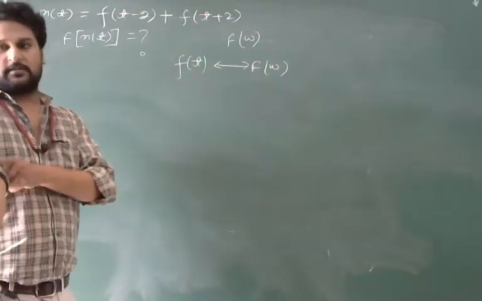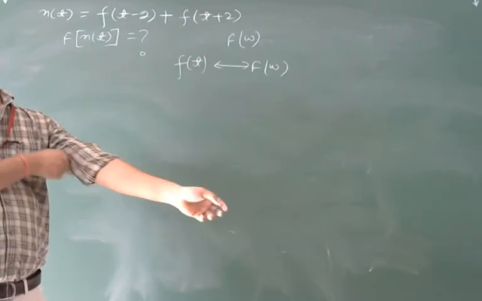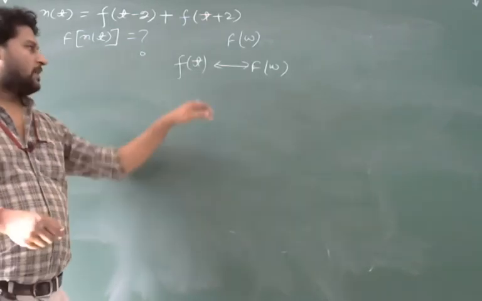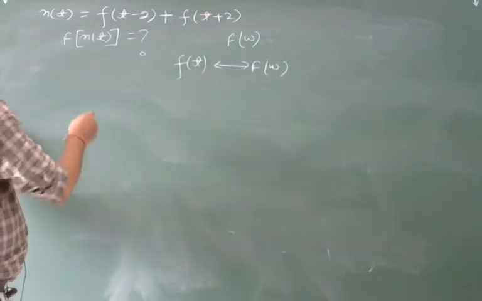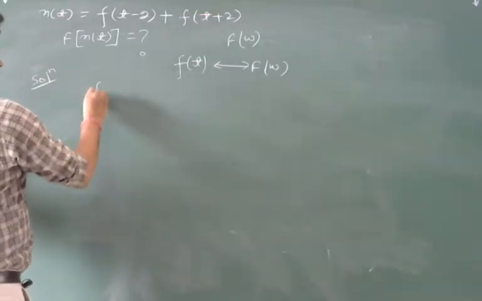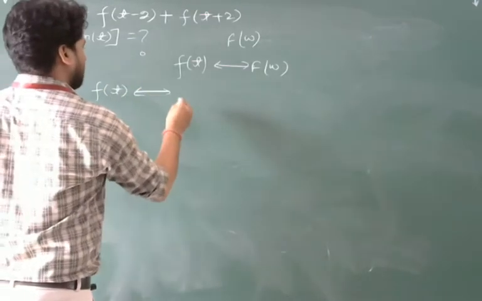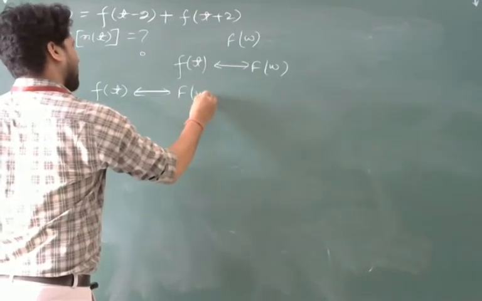This is what we have to get after applying the time shifting property of the Fourier transform. It is given here, the Fourier transform of f(t) is known. Fourier transform of f(t) is F of omega.